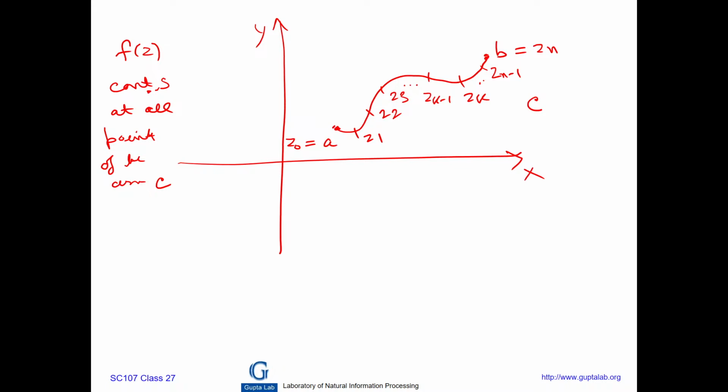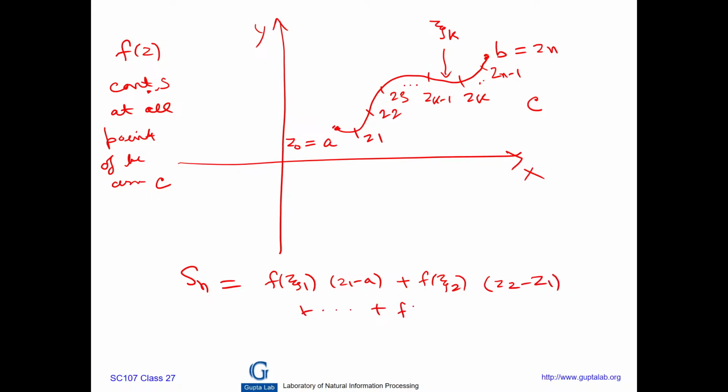Now if we choose a typical point xi k between each subinterval, xi1, xi2, xi3, then I can form this sum Sn equal to f of xi1 times z1 minus a, plus f of xi2 times z2 minus z1, and so on, up to f of xi n times b minus zn minus 1.